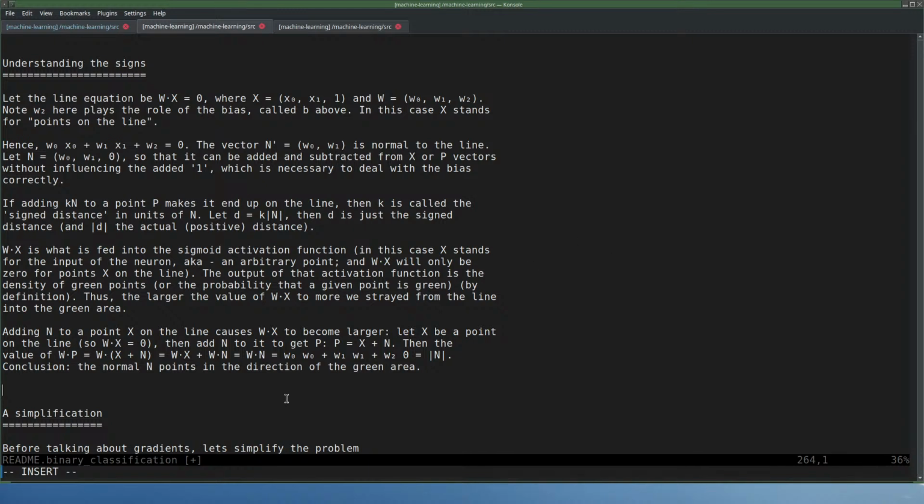Yeah, so we add n, the normal vector, to x, then this becomes larger. So to make that new point part of a line, we have to make that smaller. So it subtracts something from it. So if you decrease W2, then the line moves into the green area.